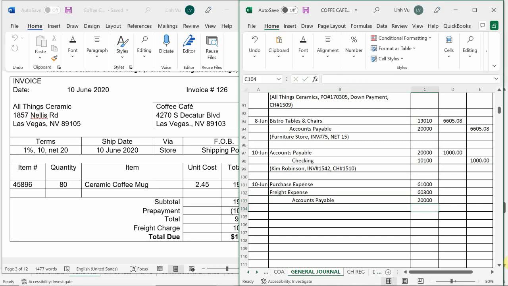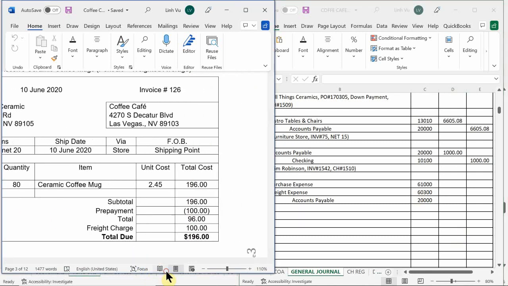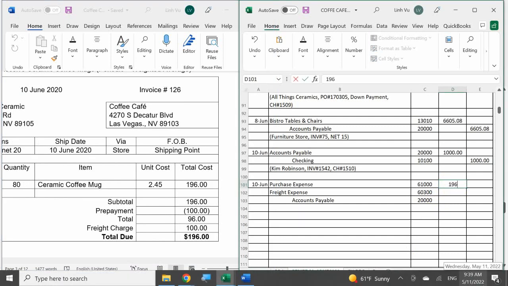Now let's fill in everything. If I bought 80 mugs at $2.45, how much is my total purchase expense? 196. How much was my freight? 100.